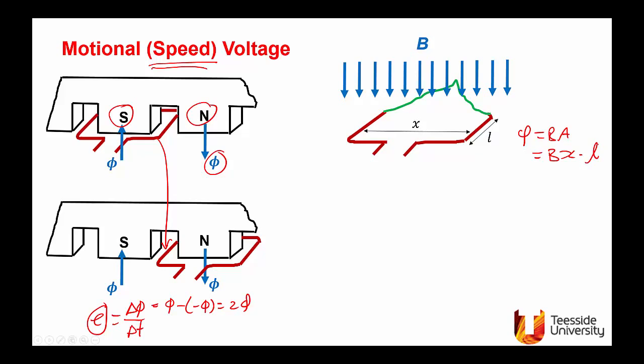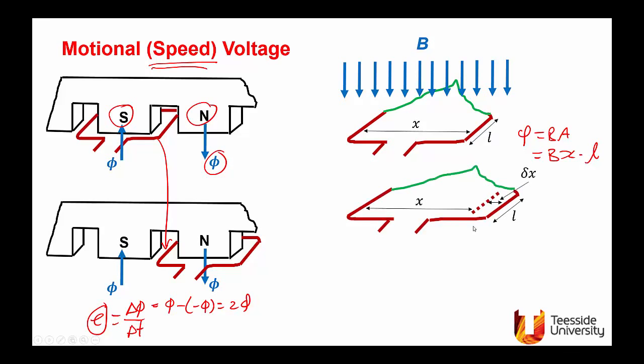Now, this side of the coil, the right-hand side, will move. It's an elastic connection, so you can see it's stretched a bit here.